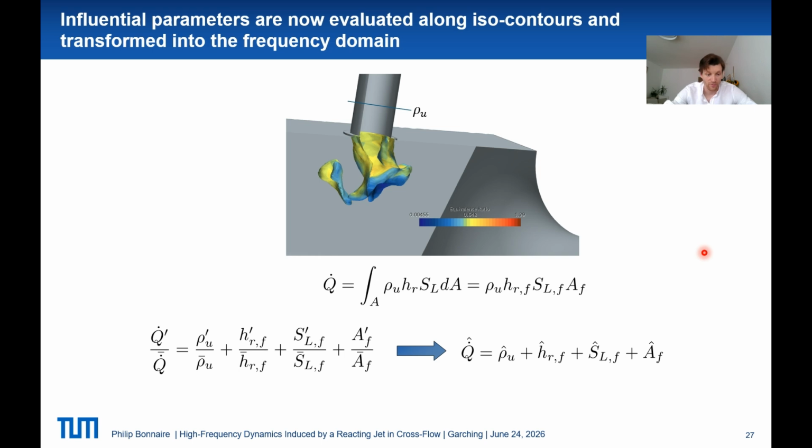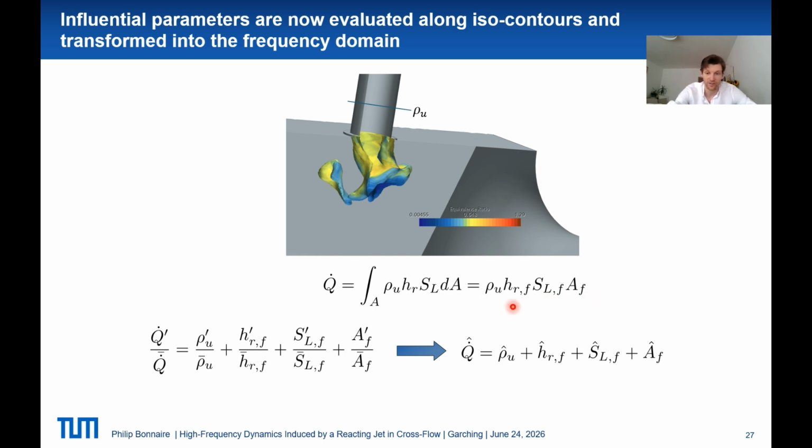So to put this further, we wanted to answer that question. First, our next studies that we introduced were we have the global heat release rate, and we have different influential parameters of the global heat release rate. For example, we have the unburned density, we have the heat of reaction, the flame speed, and also the flame surface.